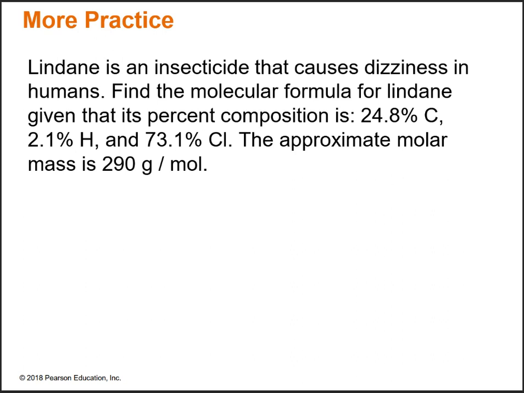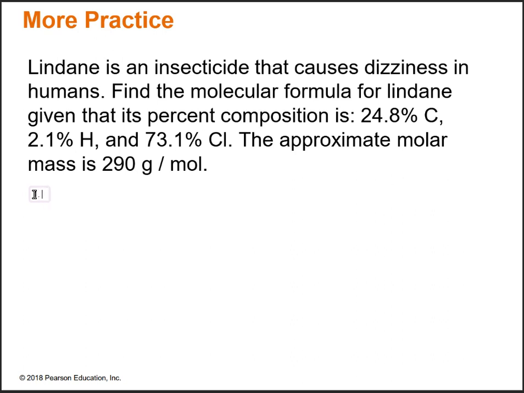The approximate molar mass is 290 grams per mole. So what I'll do is I'll talk through the steps of how you solve this, and then I want you to try to solve it. We'll have 2 breakpoints. I want you to first figure out the empirical formula and then figure out the molecular formula.